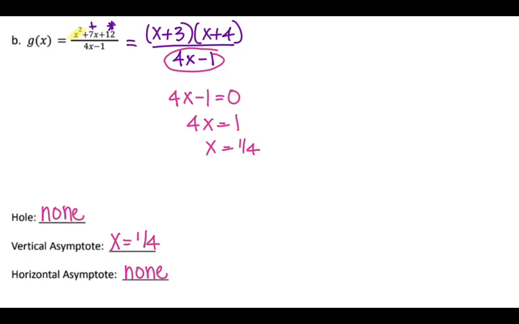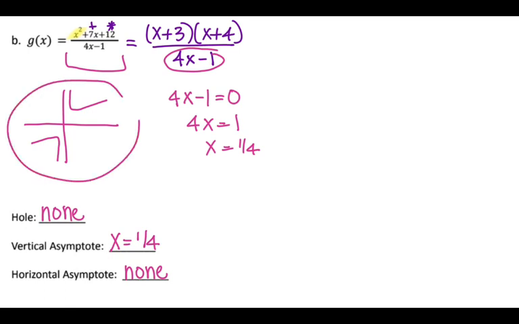Now, if you ever forget, you could actually graph this. And if you do graph it, and this is a very generic graph, it's going to look something like this, where you do not have a horizontal asymptote, you have a slant asymptote. Now, this was just a sketch. It's not the actual graph of that. It's just an idea of what the graph would look like. So there's no horizontal asymptote.